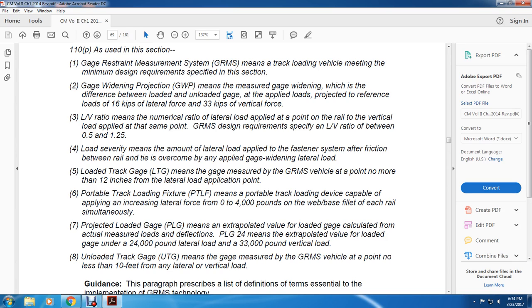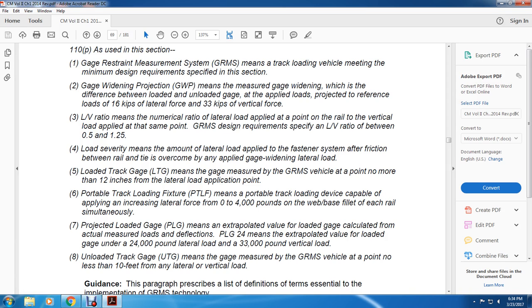Loaded track gauge, LTG, means the gauge measured with the gauge resistant measurement vehicle at a point no more than 12 inches from the lateral load application point. Portable track loading fixture, PTLF, means the portable track loading device capable of applying increasing lateral force of 0 to 44,000 pounds on the web base fillet of each of the rails simultaneously. Projected load gauge, PLG, means the extrapolated value of loaded gauge calculated from measured load deflection.